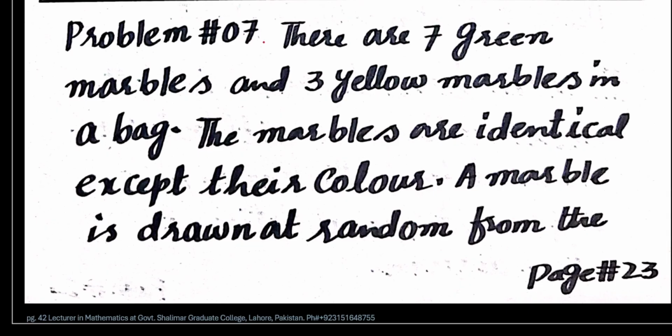Problem number 7. There are 7 green marbles and 3 yellow marbles in a bag. The marbles are identical except for their colors. Meaning to say they are physically the same, only the difference is of their color.